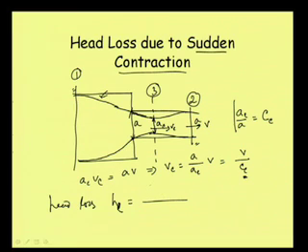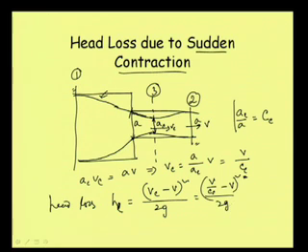Let me write first (Vc minus V) whole squared divided by twice g, just like the expansion loss from here to here, and Vc is nothing but V by Cc. So hL equals (V by Cc minus V) whole squared divided by twice g. This expression can be used for computing the loss due to sudden contraction.